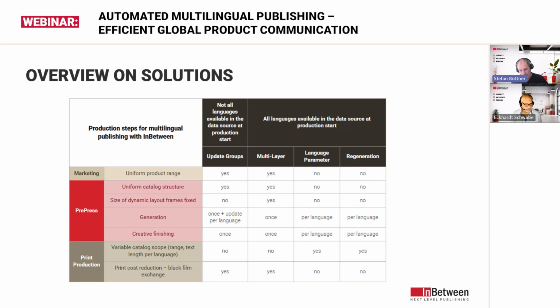And if all languages are available, then you can use the 3 other approaches, the multi-layer by using InDesign, or language parameter, even for direct PDF generation or direct outputs, or the regeneration. And then you can check the other criteria here in the table rows to see what's best for you.